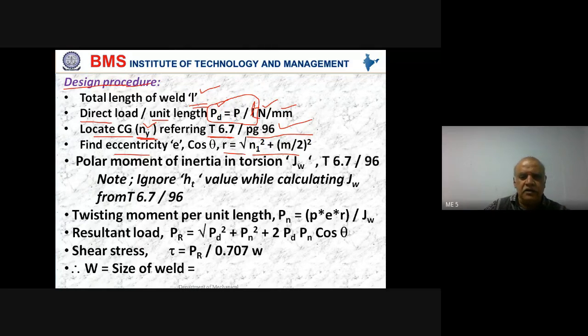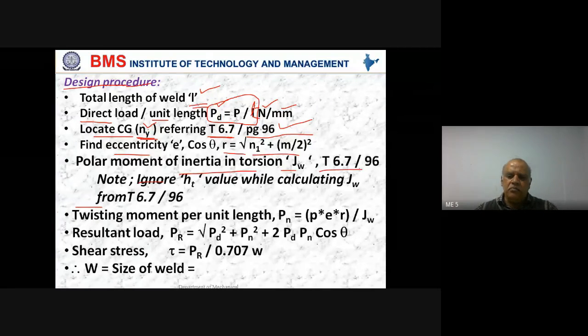Next, find out the polar moment of inertia in torsion from table 6.7. Go to the same table. If you look at the third column, you have J equal to 2N plus M whole cube by 12 and so on.